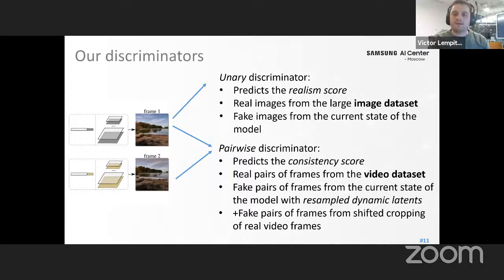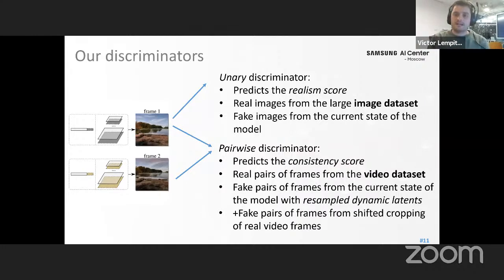And we tell the pairwise discriminator two things. First, this trick prevents the pairwise discriminator from overfitting to the limited number of videos, because for the same video it sees the same visual content both on the real side and on the fake side. So it reduces this overfitting.